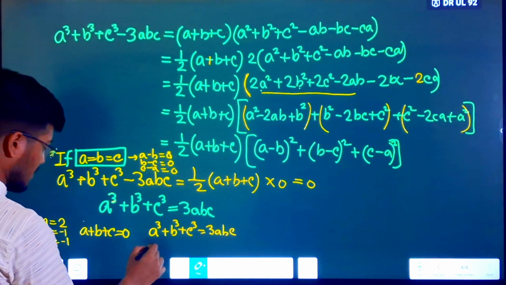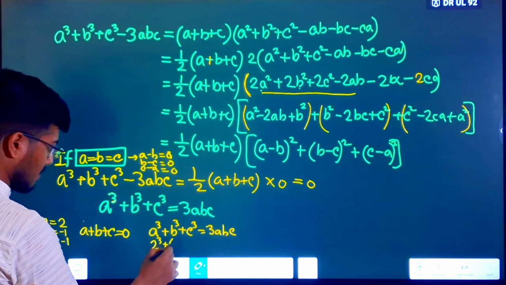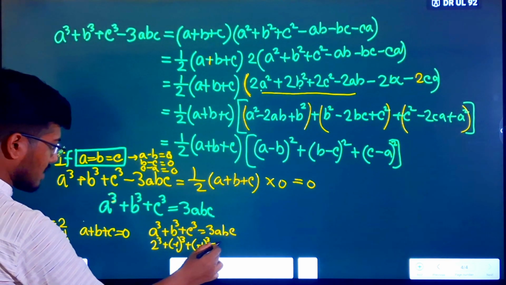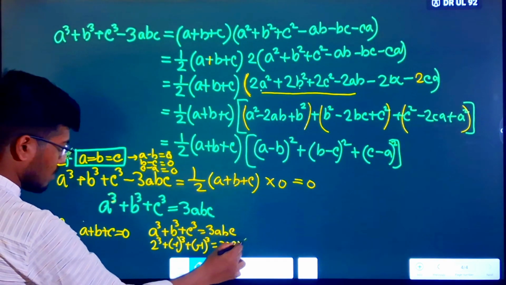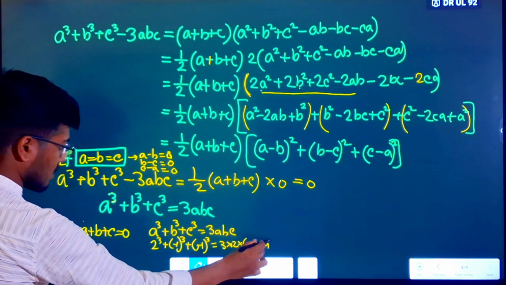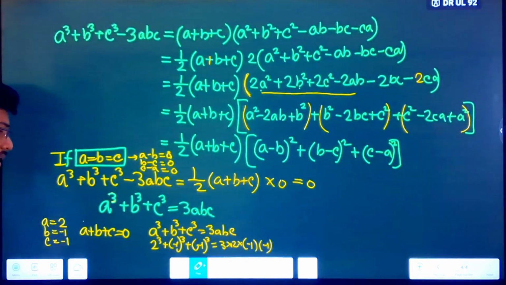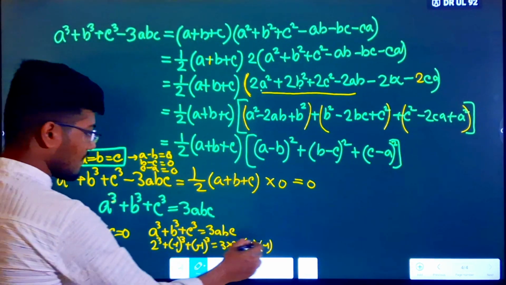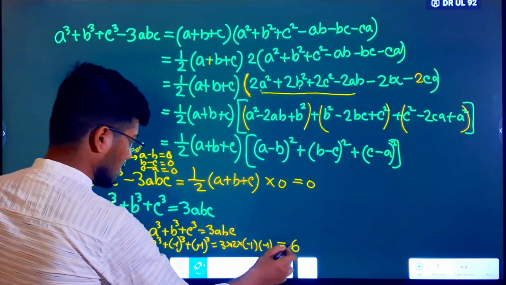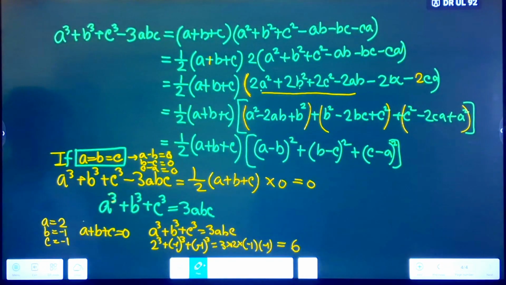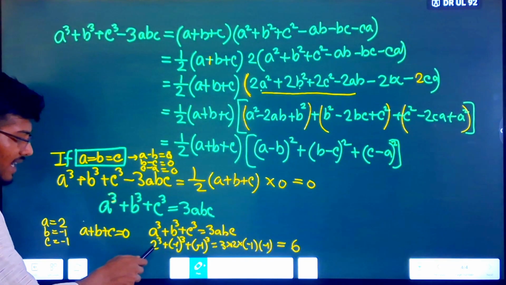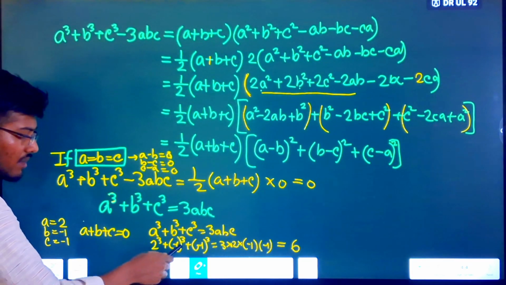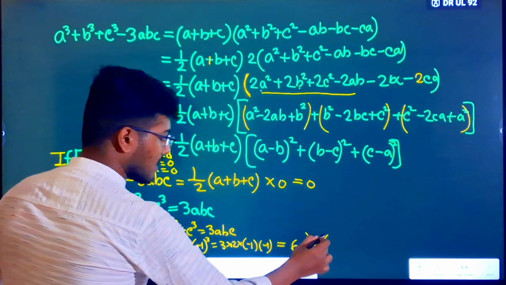The answer is 2 cube plus -1 cube plus -1 cube, that means 3 into 2 into -1 into -1. What is the answer? The answer is 6. If you recheck it, 2 cube means 8, -1 cube means -1, and -1 whole cube means -1. So 8 -1 -1 means 6. So obviously this is the correct answer.